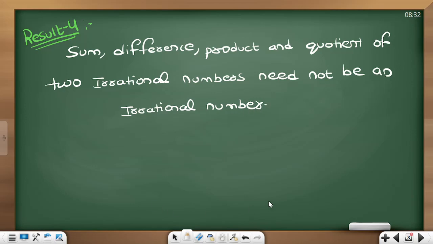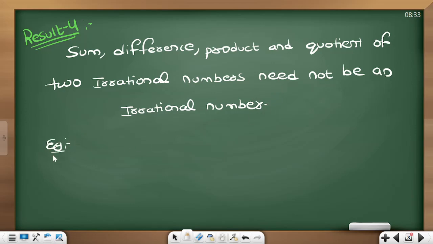Sum, difference, product and quotient of two irrational numbers need not be an irrational number. Why? Need not be means it can be or it cannot be.